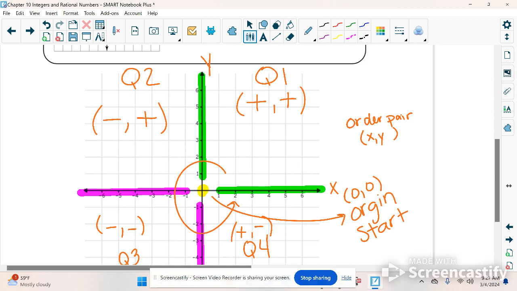Start at zero, left or right, then go up or down, plot the point. One more time. Start at zero, left or right, then go up or down, plot the point.